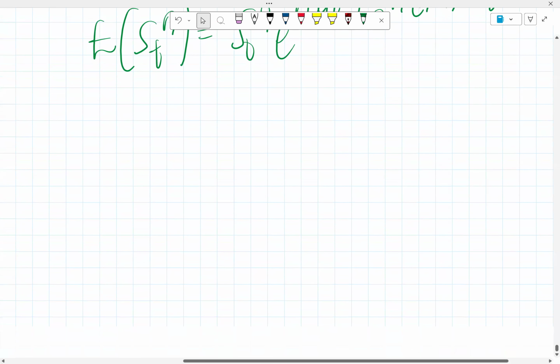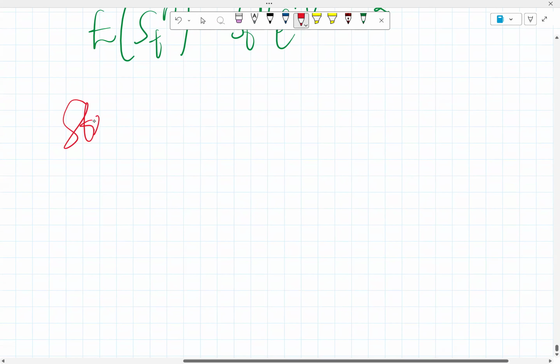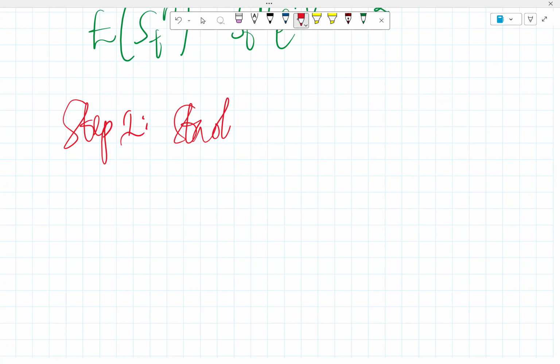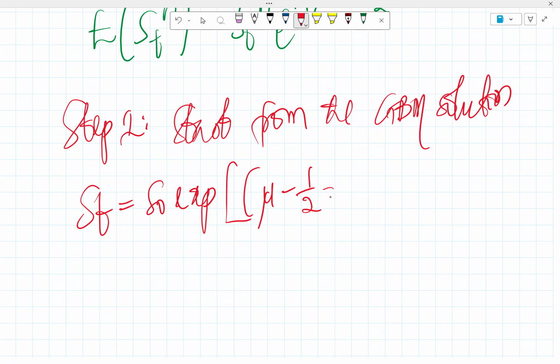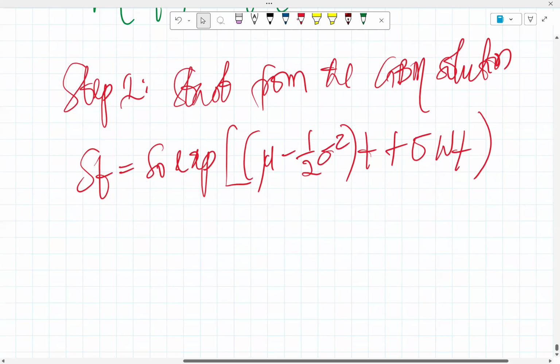Step one, we start from the GBM solution. So we start from the GBM solution, and that is S_t equals S_0 exp((mu minus half sigma squared)t plus sigma W_t). I am always tempted to call that omega. That's step one.